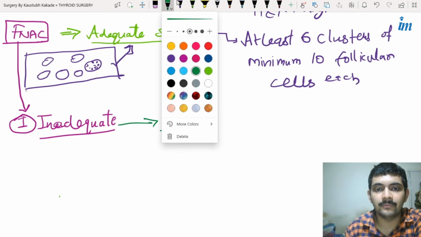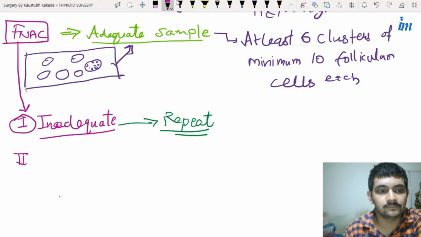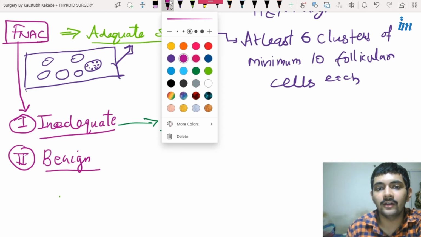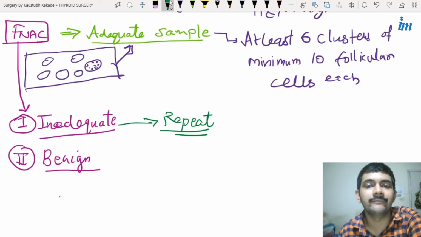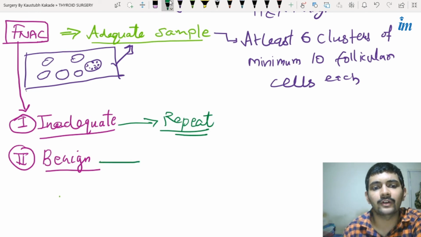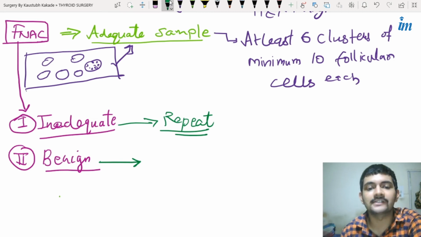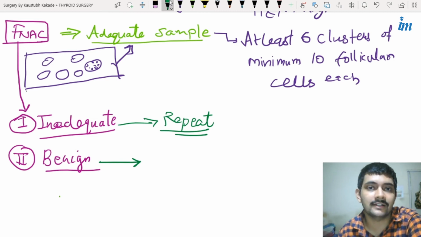The second possibility that you get after doing an FNAC is that it comes out to be benign. But if it's benign, do you remove the thyroid? No, you will not remove the thyroid because you want to preserve the function of thyroid. It is a very important hormone in many senses, so thyroid functions have to be maintained in benign conditions.